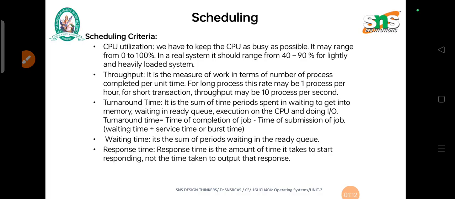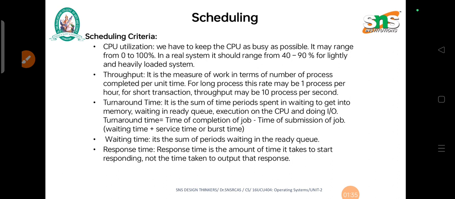There are several scheduling criteria: CPU utilization, throughput, turnaround time, waiting time, and response time. In CPU utilization, we have to keep the CPU as busy as possible. It may range from 0 to 100%. Throughput is a measure of work in terms of the number of processes completed per unit time.